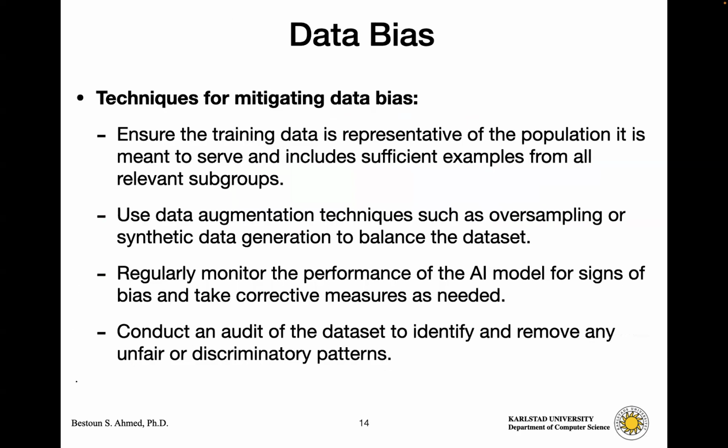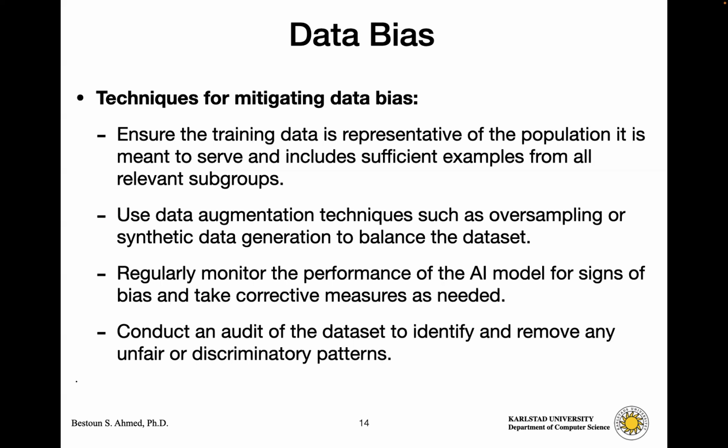Data bias, as we said: how do we mitigate it and reduce the bias? Training data is the central point. You have to make sure that all the minorities and all the groups are represented across the whole population.